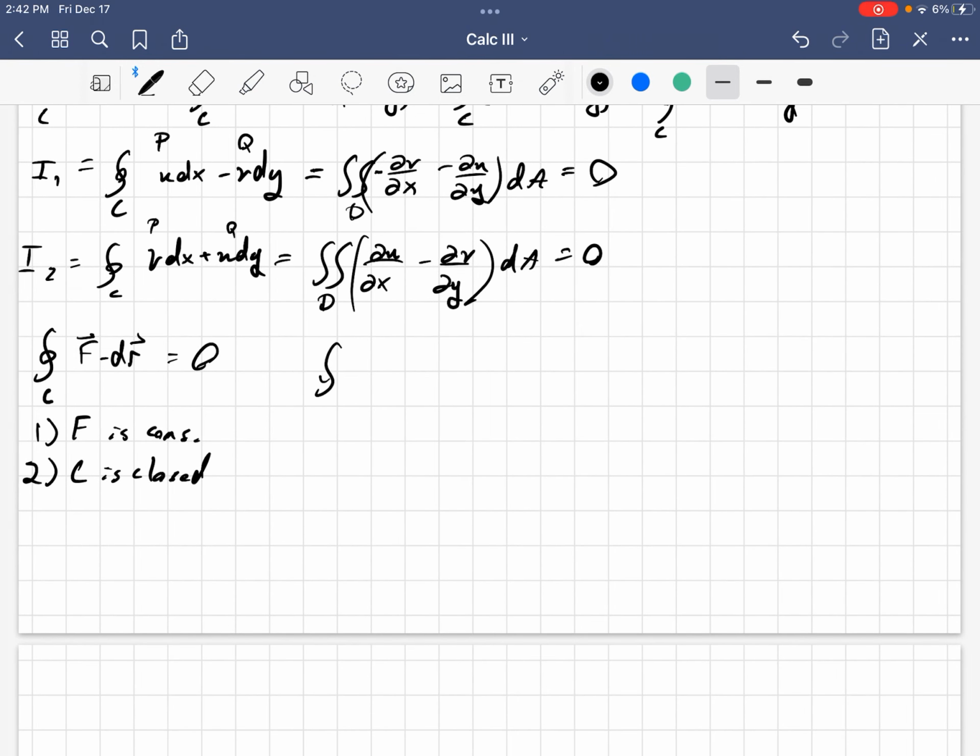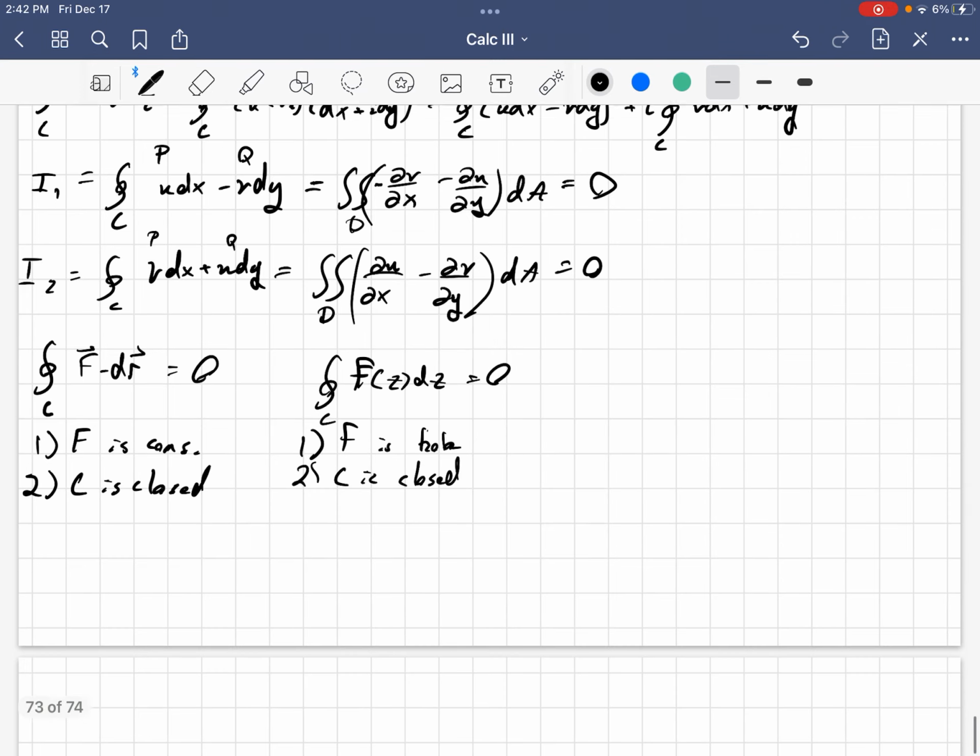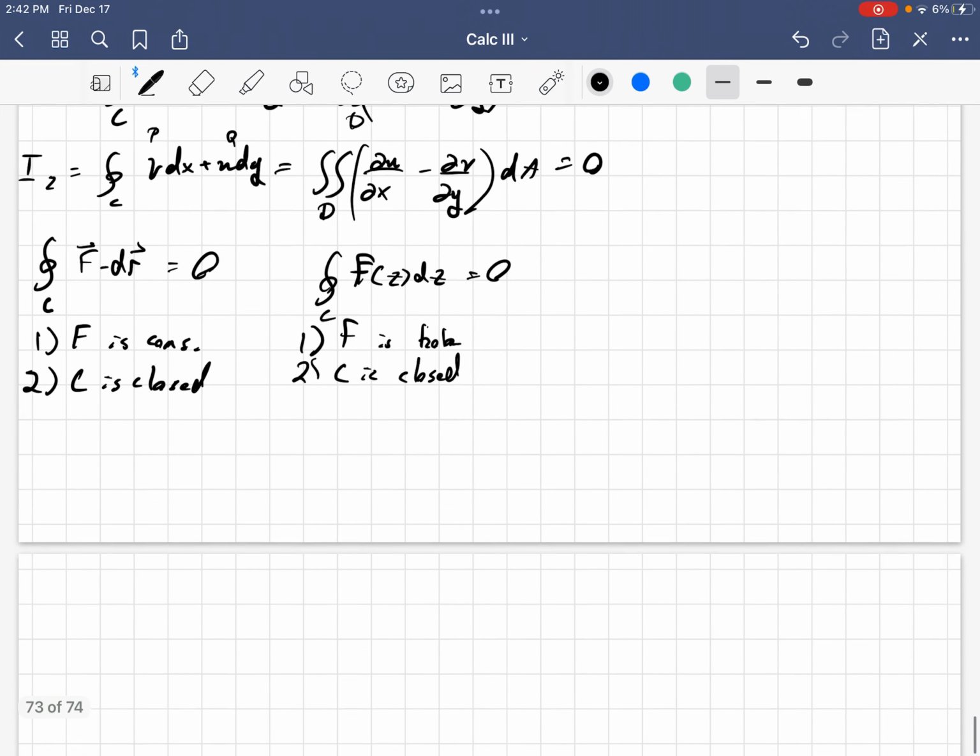Just like how, if we're taking the contour integral over C of f(z) dz, and we say f is holomorphic, and C is closed, then that special type of line integral is 0.